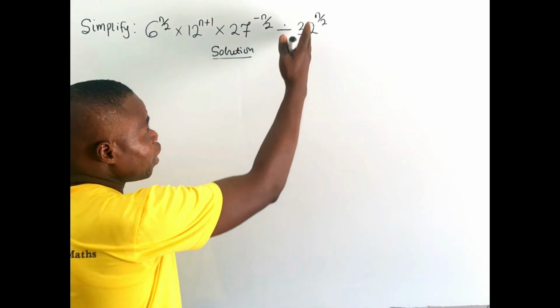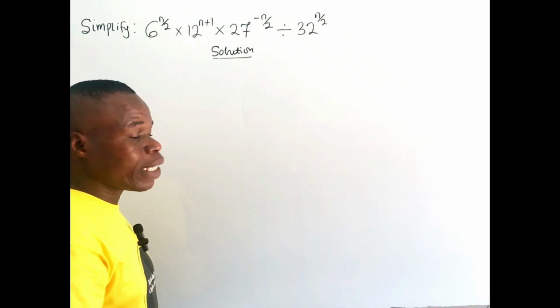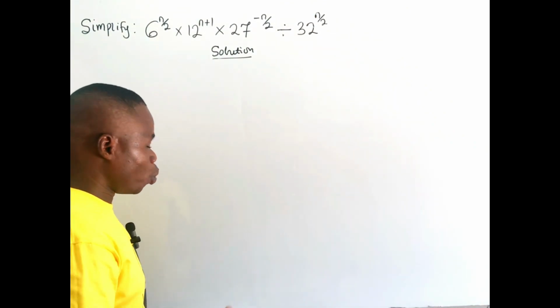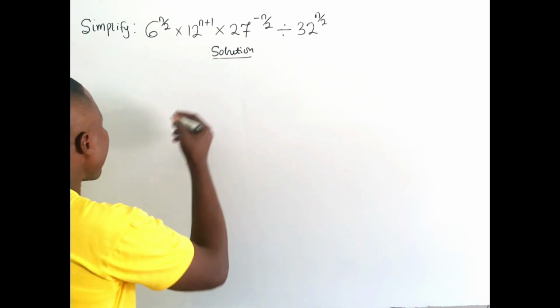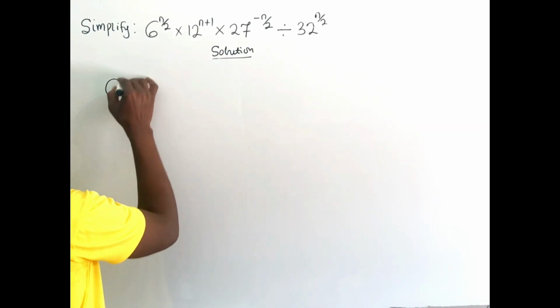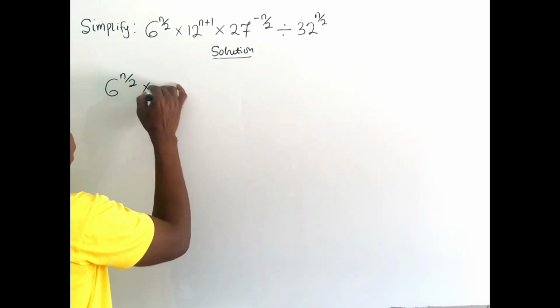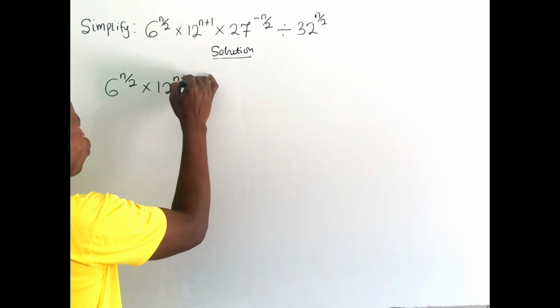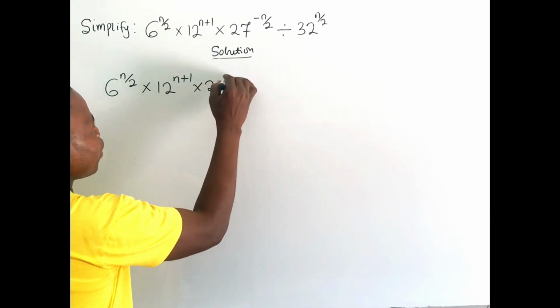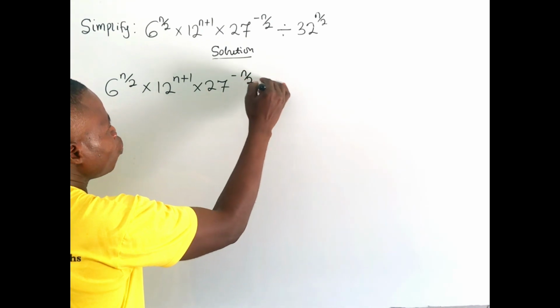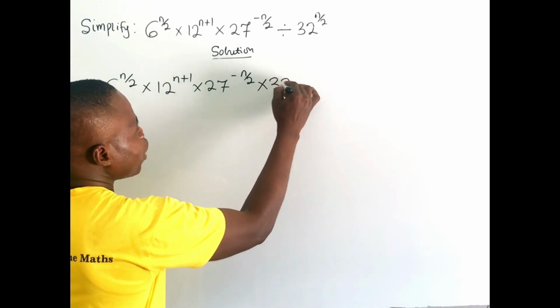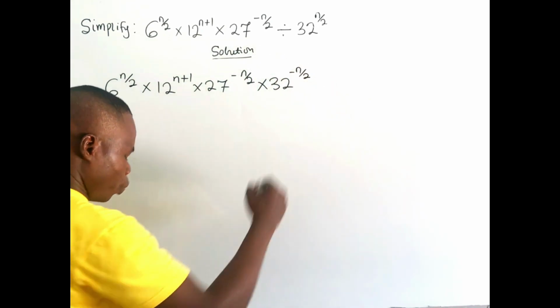So rewriting this, I'll have 6 exponent n over 2 times 12 exponent n plus 1 times 27 exponent minus n over 2 times 32 exponent minus n over 2.